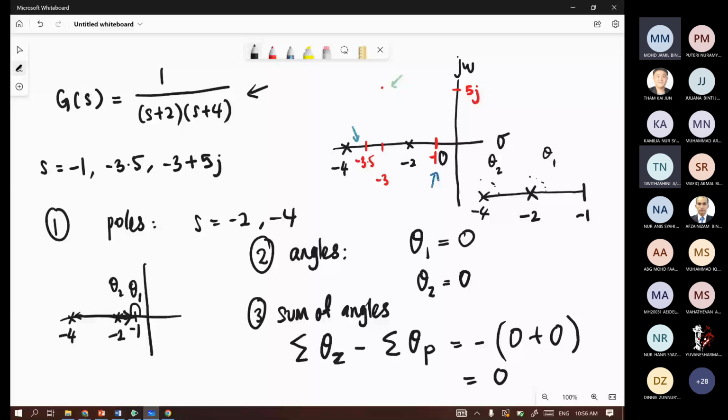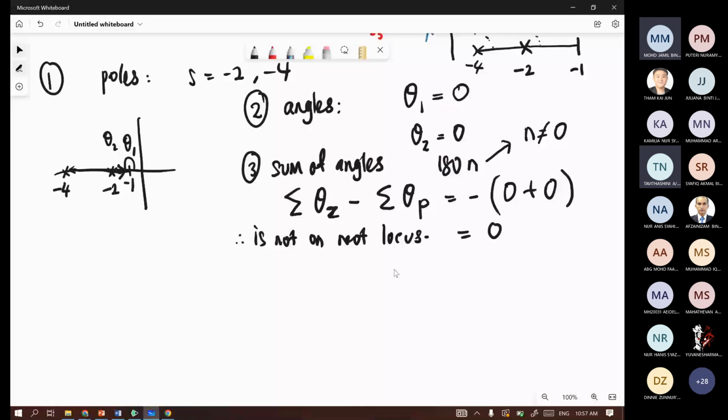You will accept it if it is 180 times n, where n is not equal to 0. Here the sum of angles is 0, so the point -1 is not on the root locus. Now let's try the second point, which is -3.5.